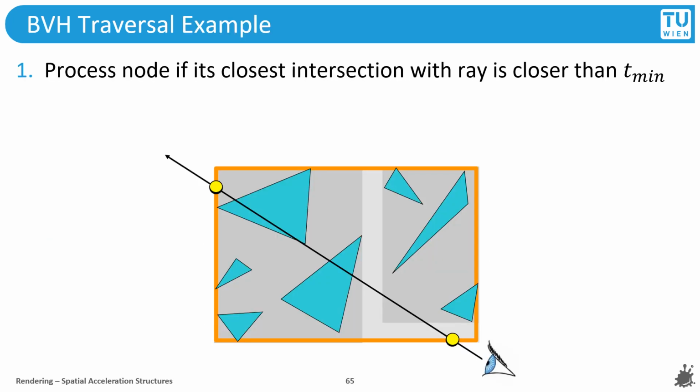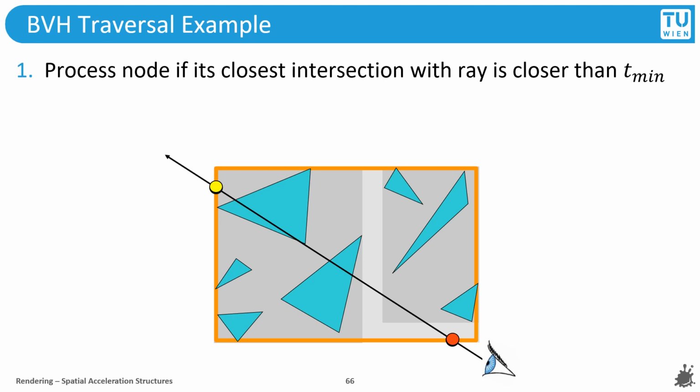We will now go through a small exemplary traversal of a BVH and evaluate the rules as we make our way through the spatial acceleration structure. So after entering the root node, we first check if the closest intersection with that node is closer than T min.